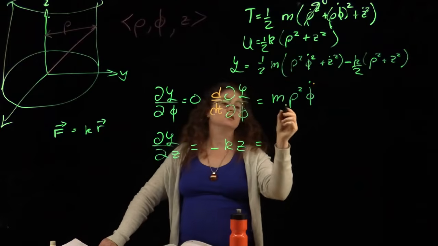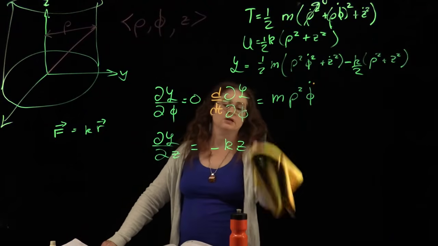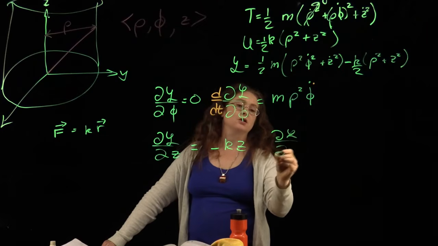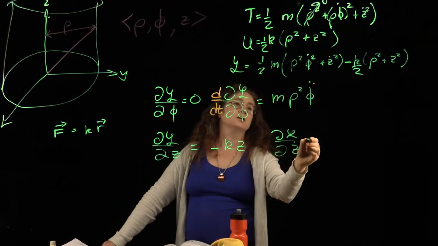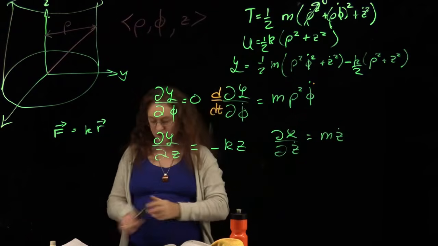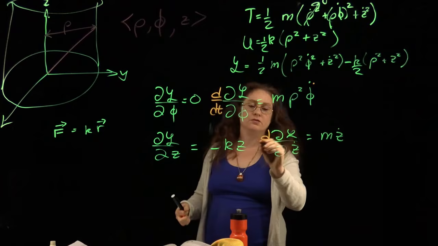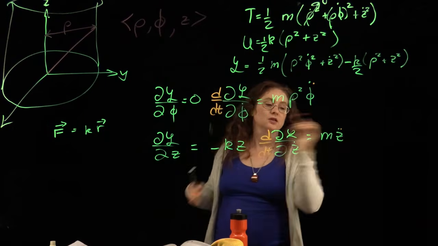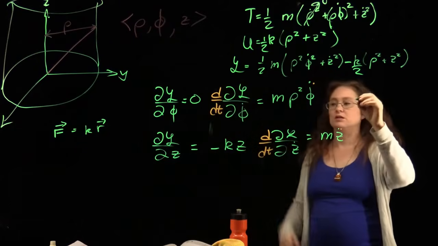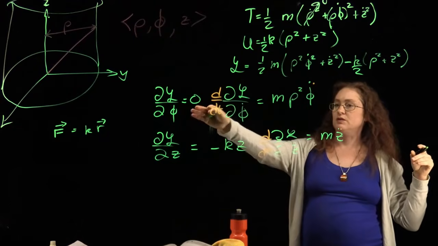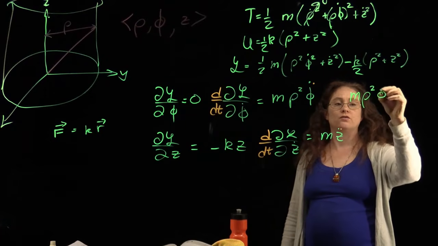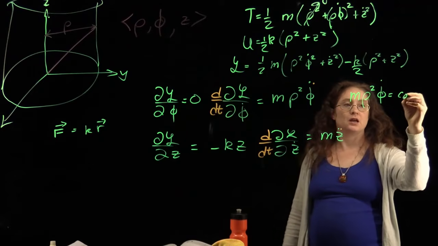And then we have partial L, partial z dot, which gives us m z dot. Take the time derivative, and I add another dot. So here we get m rho squared phi dot is a constant.